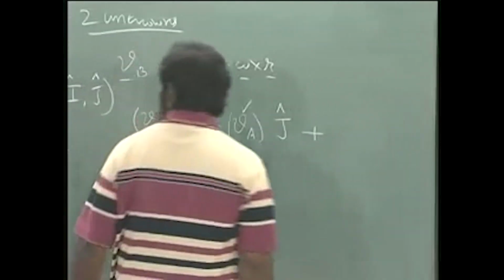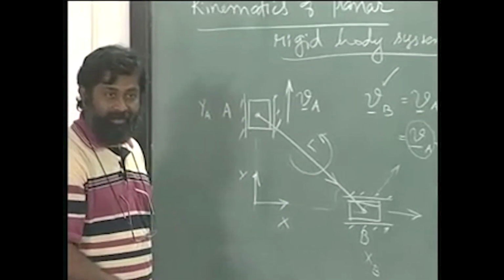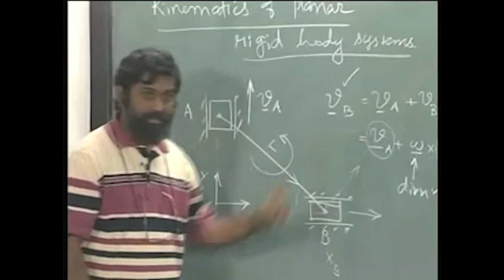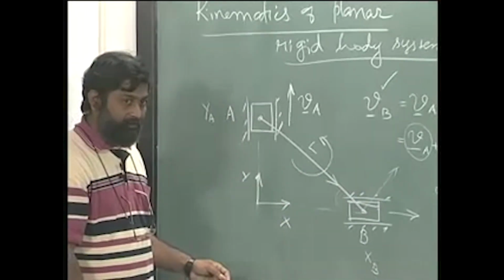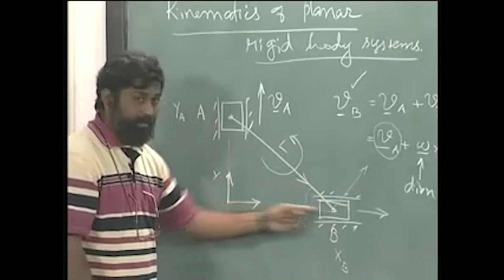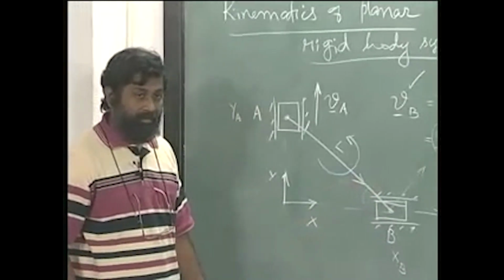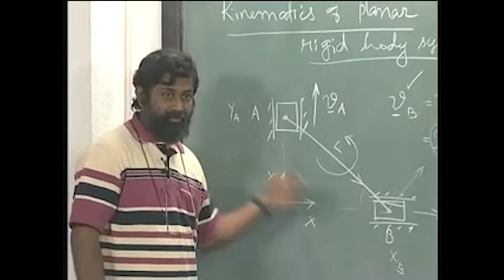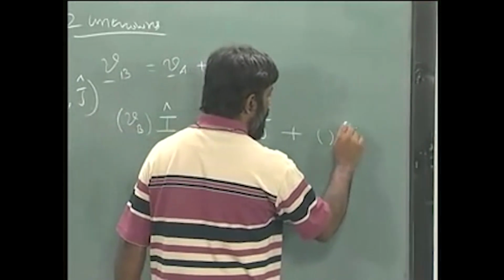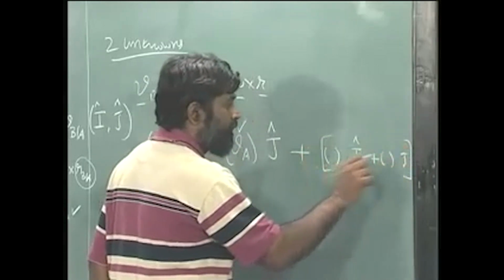So let us assume in this particular case, if this is xb and this is ya, what will be this direction? The direction of this, if this is xb and this is ya, is given by the reverse of the ratios. For now let me just put it as some i plus some j, and this is the unit direction.